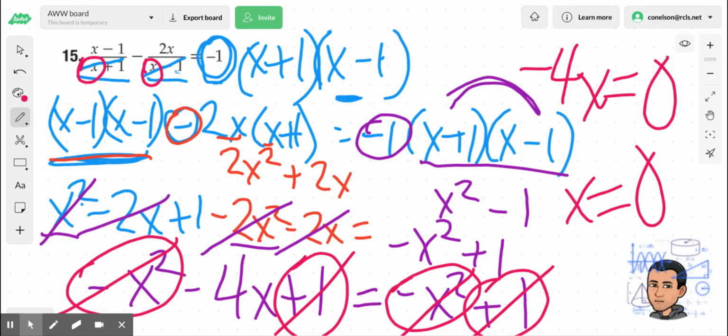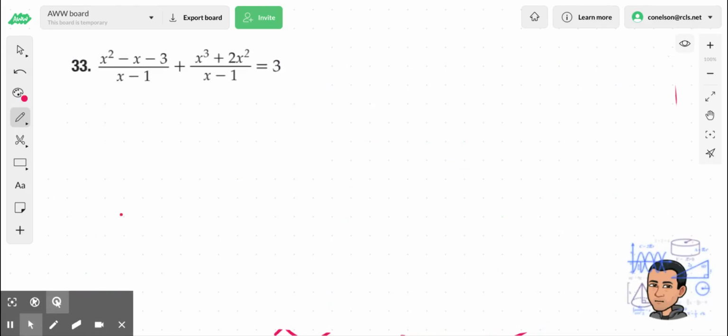But let's see. We only have 2 left I want to look at, and then we should be all good. Okay, so let's look at 33 first. Now, don't panic yet, because, sure, it looks ugly. But the thing I notice is I remember from the other ones that when I have the x minus 1 and these two match, which is kind of nice.